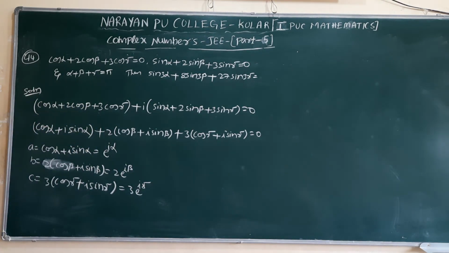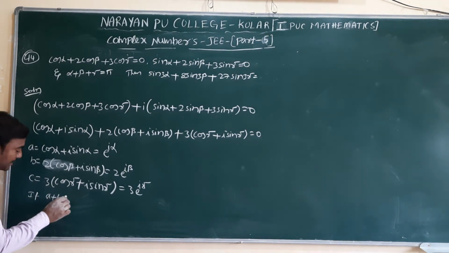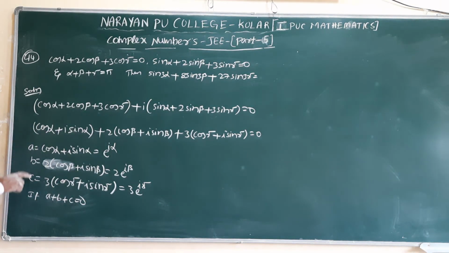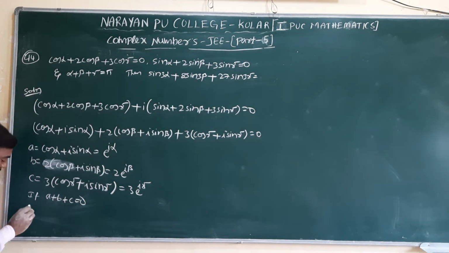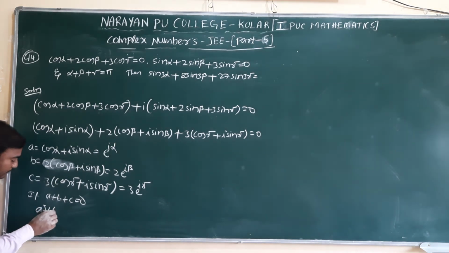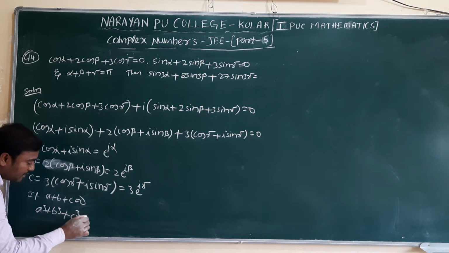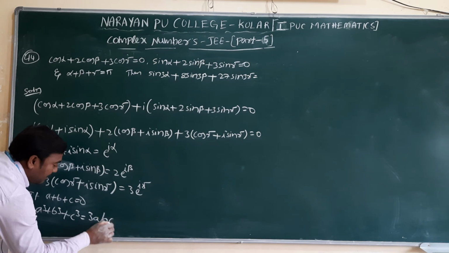So, we know one condition: if a plus b plus c is equal to 0, then a cube plus b cube plus c cube is equal to 3abc. Here a plus b plus c is equal to 0, so a cube plus b cube plus c cube is equal to 3abc.